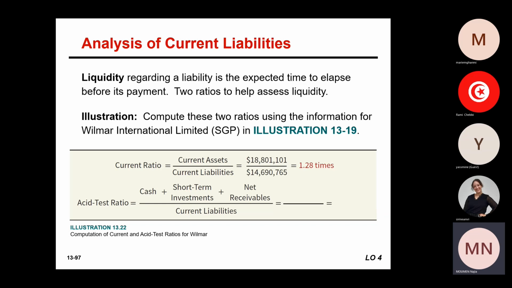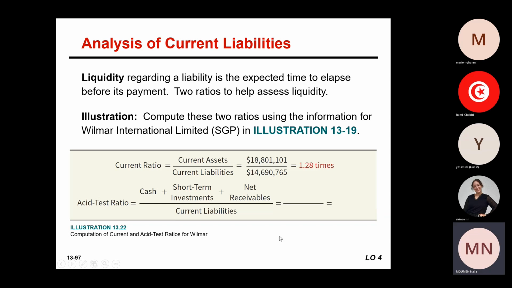So these businesses have current assets able to cover current liabilities one time, plus 0.28; converted into a percentage, almost 130% of its current liabilities, okay?